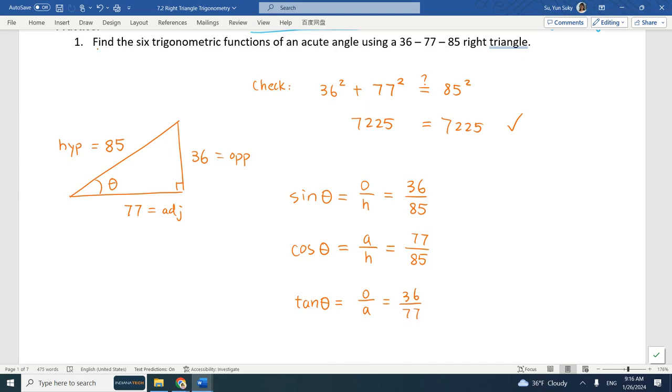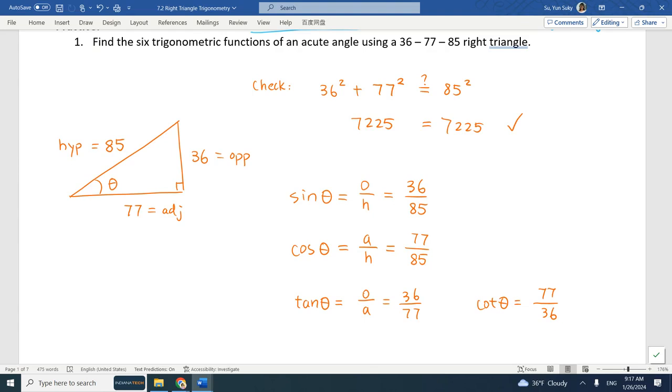And now, cotangent is the reciprocal of tangent, which is adjacent over opposite, which is 77 over 36. So once you figure out those three, the remaining three are the reciprocals of these three.